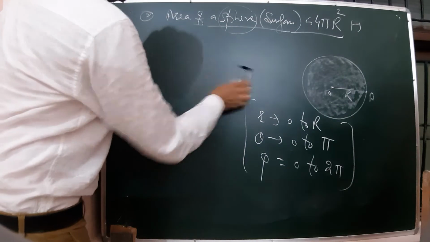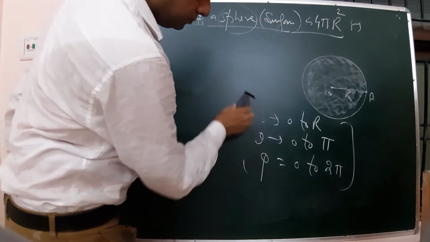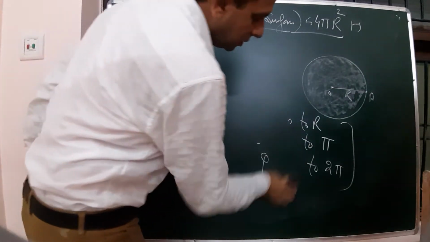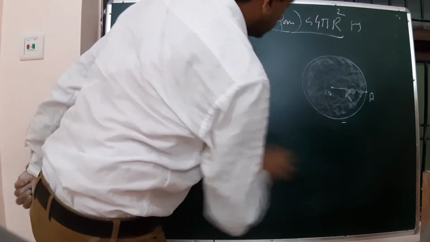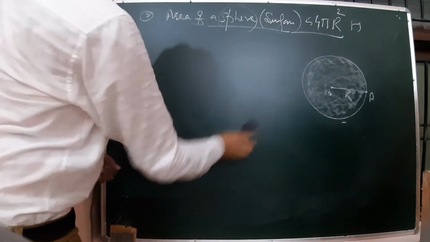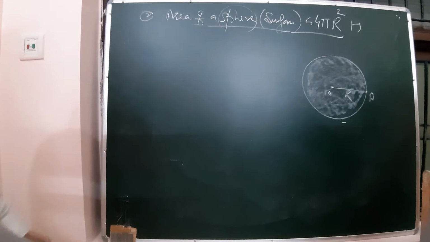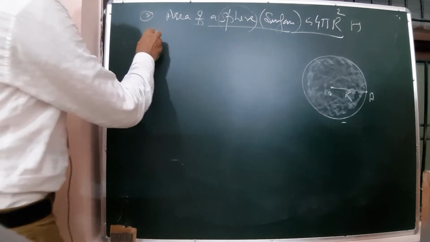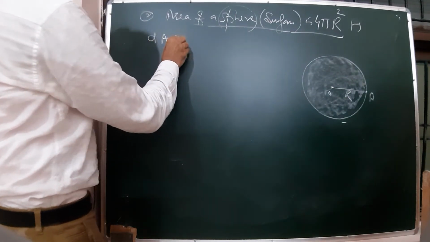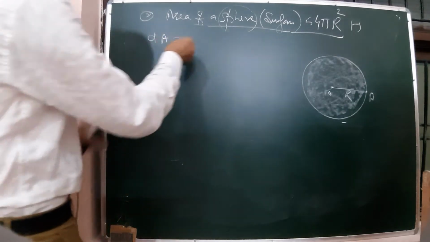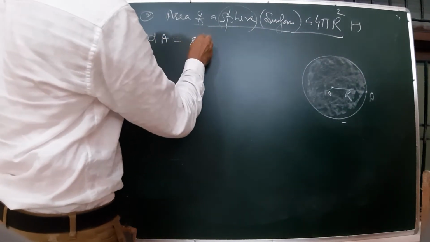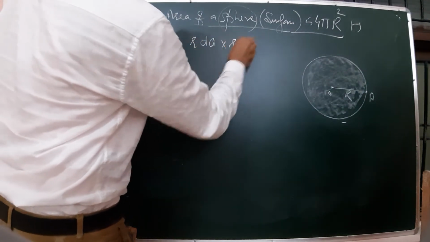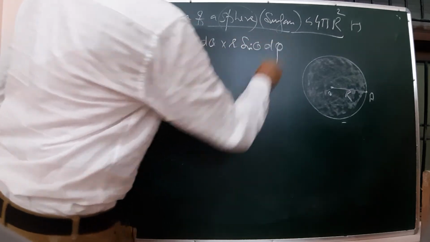Now these are limits. Remember these limits in future in all the articles. How can we prove this area is 4 pi r square? We know that the area element in spherical polar system is r d theta into r sin theta d phi.